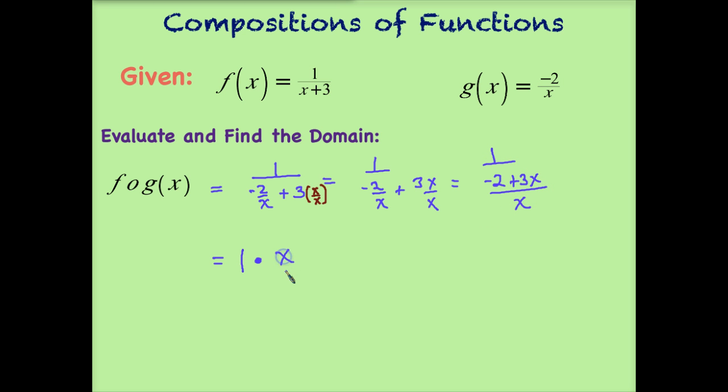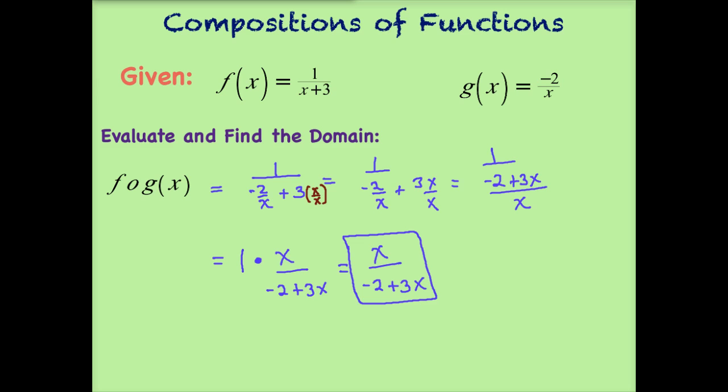So we can flip our denominator to be x divided by negative 2 plus 3x. And 1 times anything is just what we have, anything. So that will equal x over negative 2 plus 3x. And that is the solution to f composed of g of x.